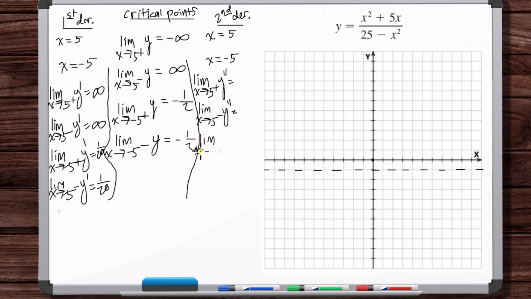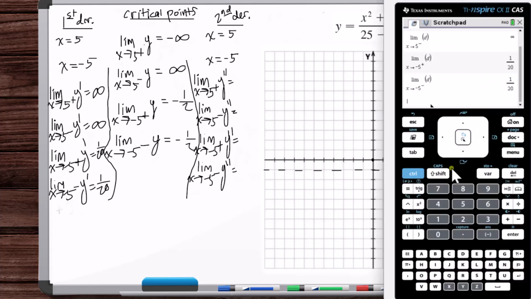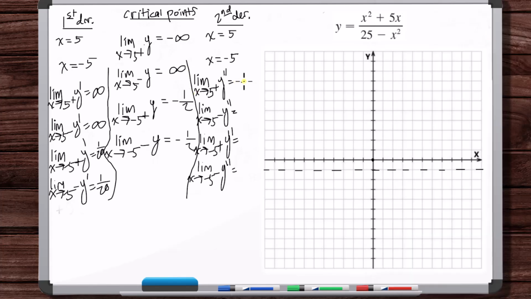What we would do is take the second derivative, store that as, we'll say, c for curvature, then take the limit as x approaches 5 from the positive direction of c, this is negative infinity.